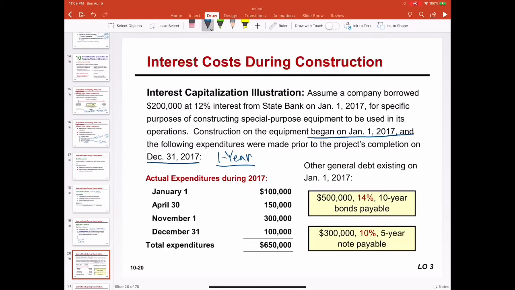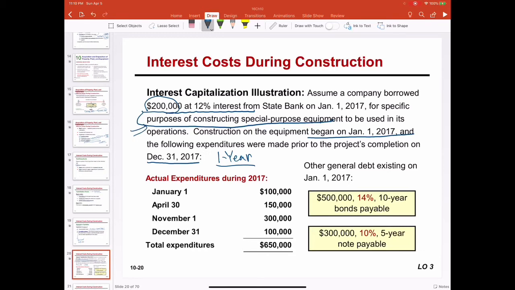We are also given that the firm borrowed $200,000. The interest is 12%. This debt, these $200,000, is used just for the self-constructed asset. All the interest cost from this debt should be considered as part of this self-constructed equipment.